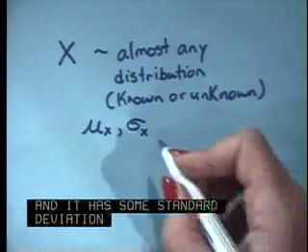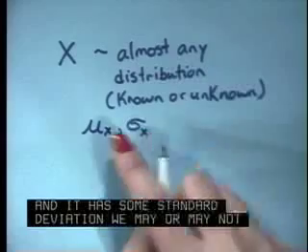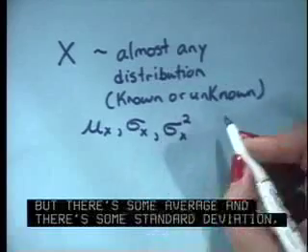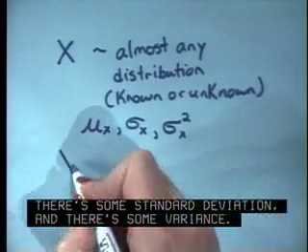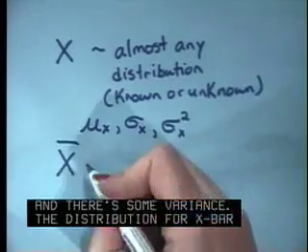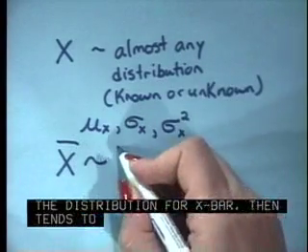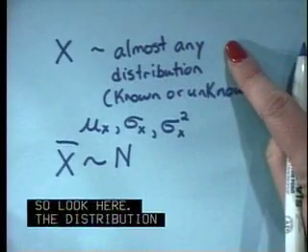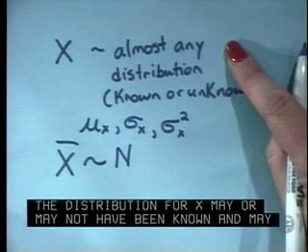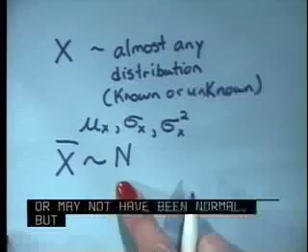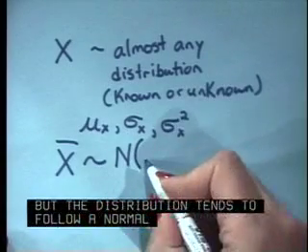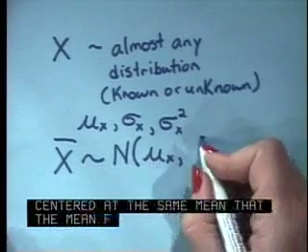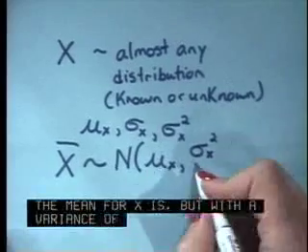We may or may not know what the distribution is, but there's some average and there's some standard deviation and there's some variance. The distribution for x bar, then, tends to follow a normal distribution. So look here, the distribution for x may or may not have been known and may or may not have been normal, but the distribution tends to follow a normal distribution centered at the same mean that the mean for x is, but with a variance of the variance of x over n.